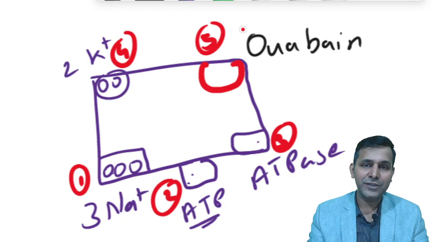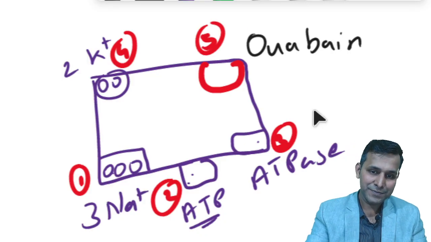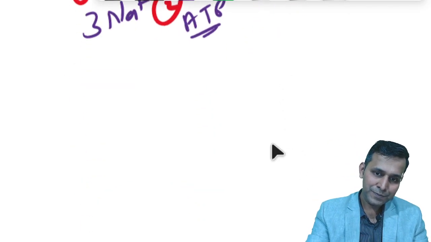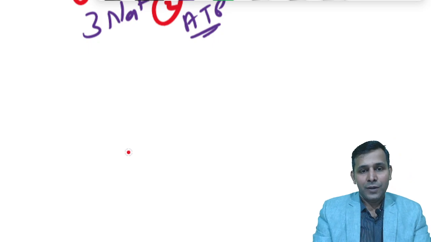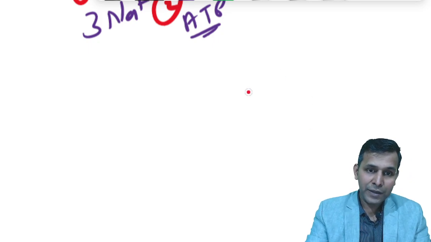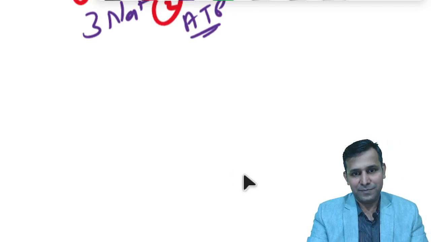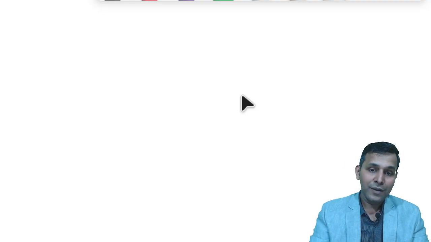Let us study the function of this pump. How does it work? This pump occurs in various states, you can say stage 1, stage 2, or configuration 1 and configuration 2, and so on.